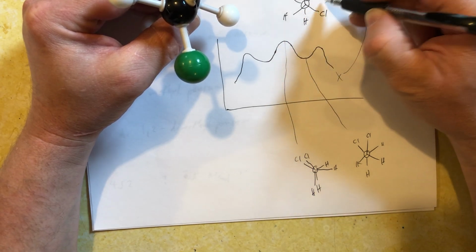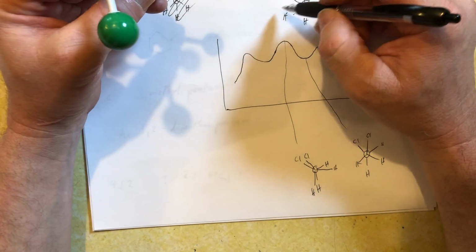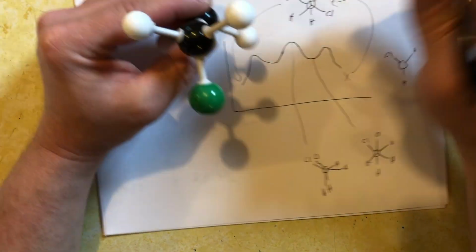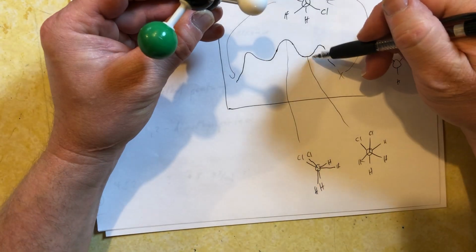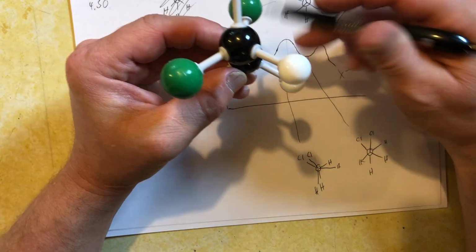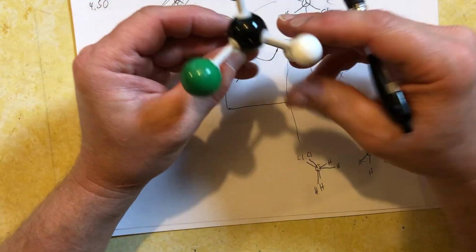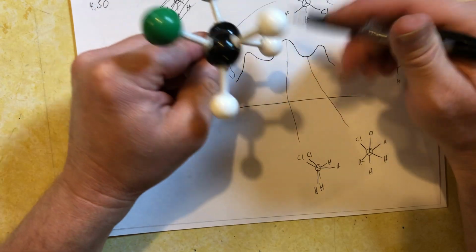I guess I could do that one. That's this one. So that one belongs here and here. And then as you go around, you're going back to a staggered or an eclipsed, chlorine on hydrogen, and then a staggered, and then an eclipsed.